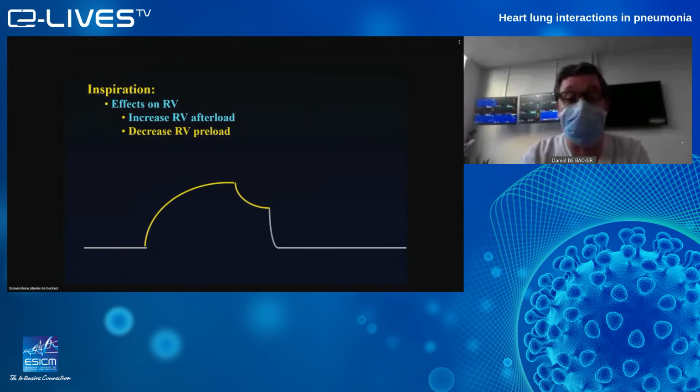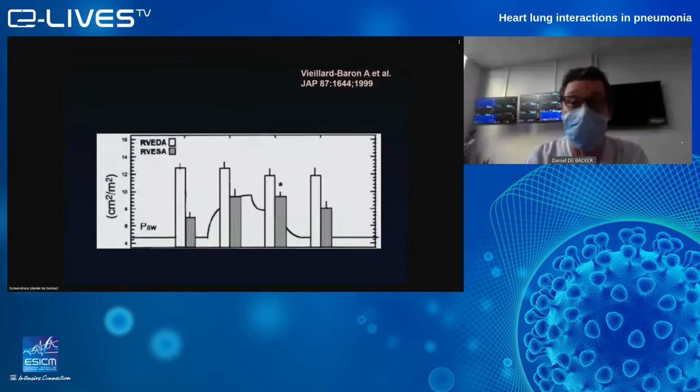The other part is the fact that there is a decrease in right ventricular preload. And of course, this is just due to the increase in intrathoracic pressure. Both of these effects will decrease the right ventricular stroke volume. This has been nicely illustrated by Antoine Vieillard-Baron and his team in a trial a few years ago, when they looked with a transesophageal echo at the dimension of the right ventricle during inspiration and expiration.